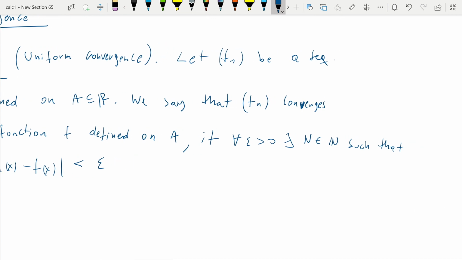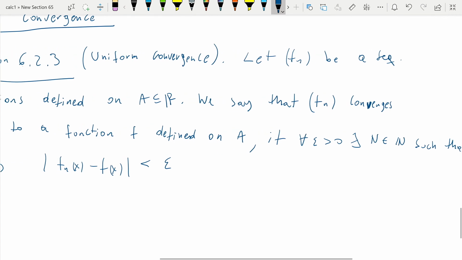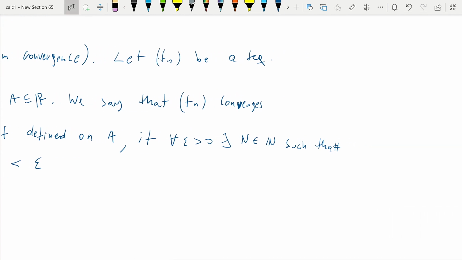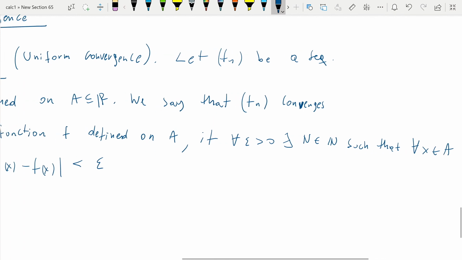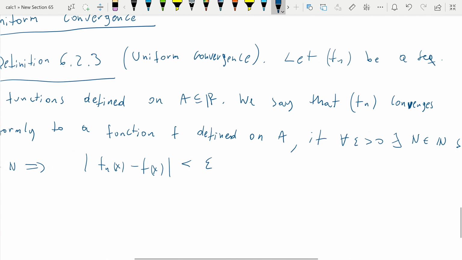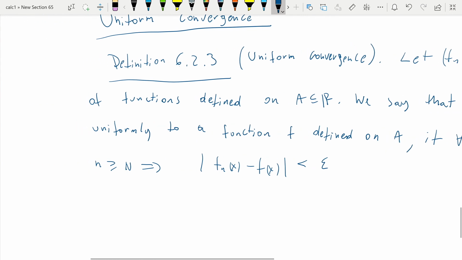And here, in fact, I could have said right at the end that this holds for every x, but I rather say it this way: there exists an N in N such that for all x in A, the quantifier "for all" goes after the existence of this N. So this N doesn't depend on x.